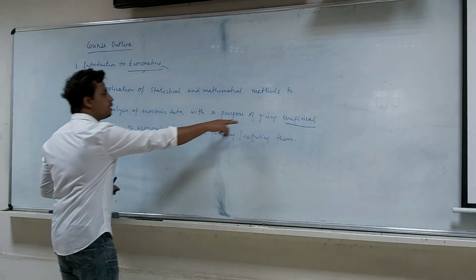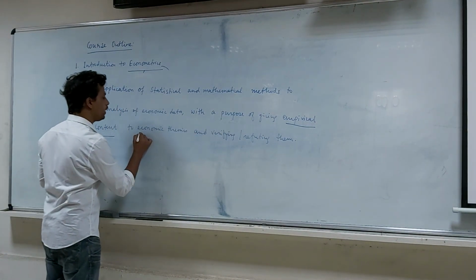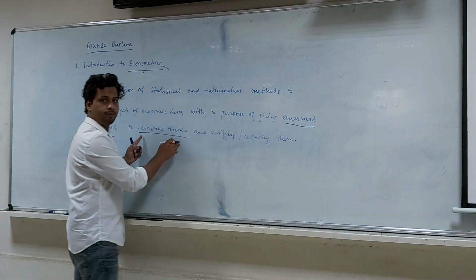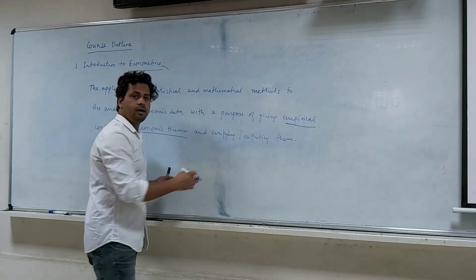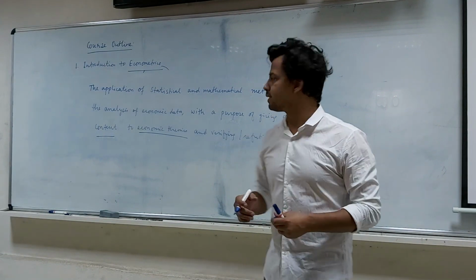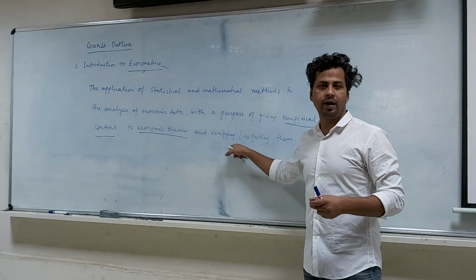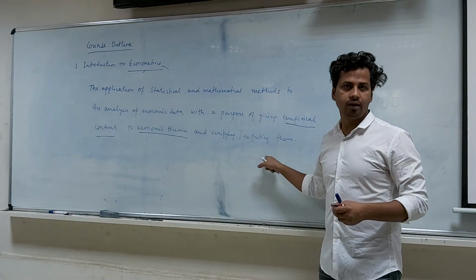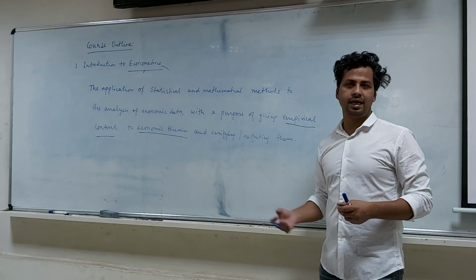So with the purpose of giving empirical content to economic theories proposed by researchers, you test the validity of the theories, and that's why it stands for verifying or refuting them on the basis of various tests that you conduct.